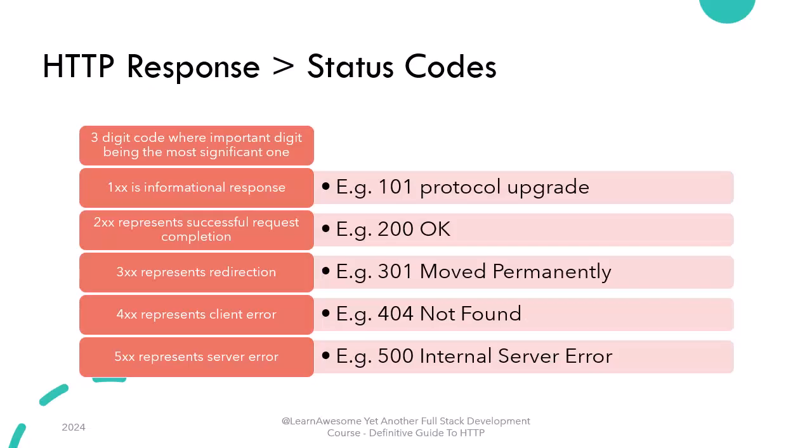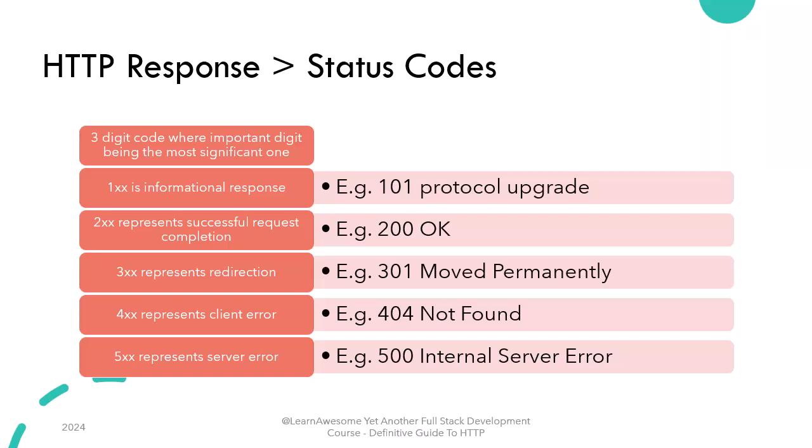If you're a web developer, you would probably need to memorize some important status codes eventually, but to start the journey, you need to know about the categories of status codes, signified by their most significant digit. So 1XX is usually an informational response status code.